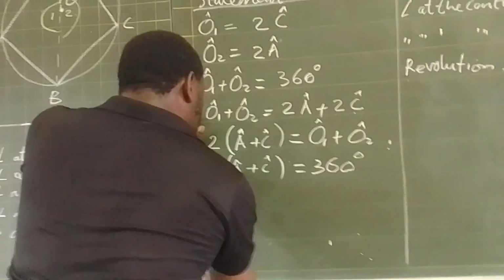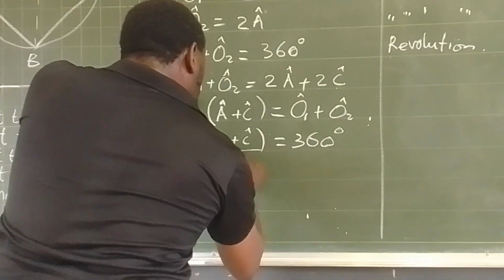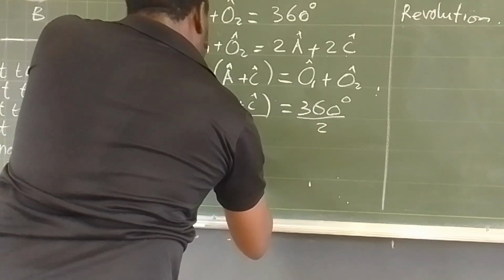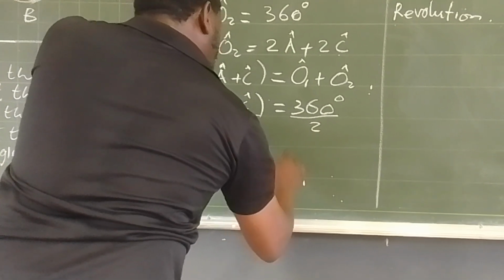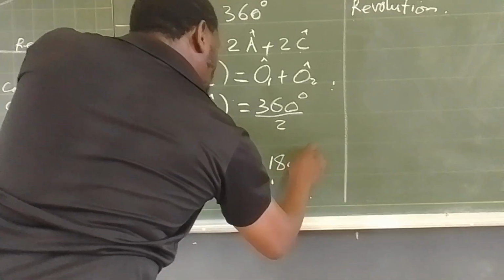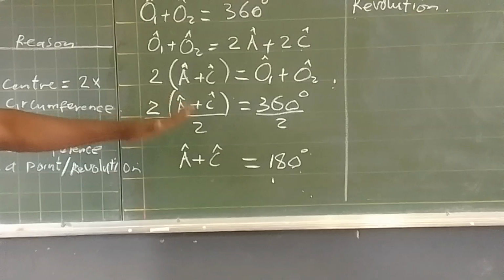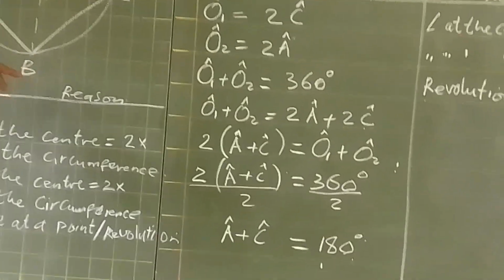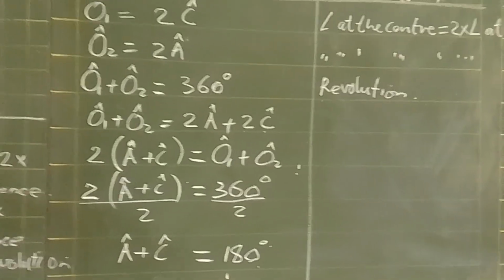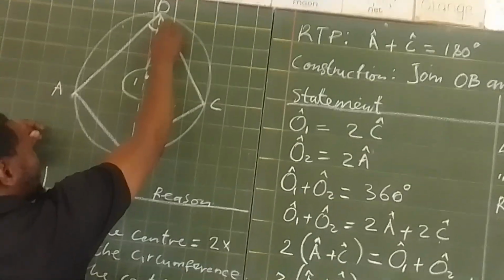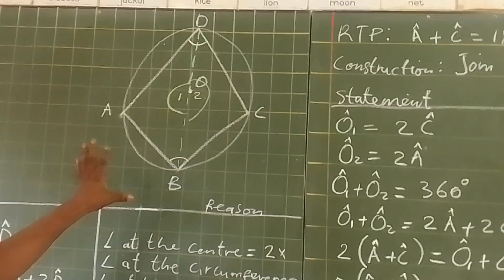Therefore, you divide here by 2, divide by 2, divide by 2. You have A plus C is equals to 180 degrees. This grade 12 and grade 11, if you take this angle, you add it to that angle, they must supplement.